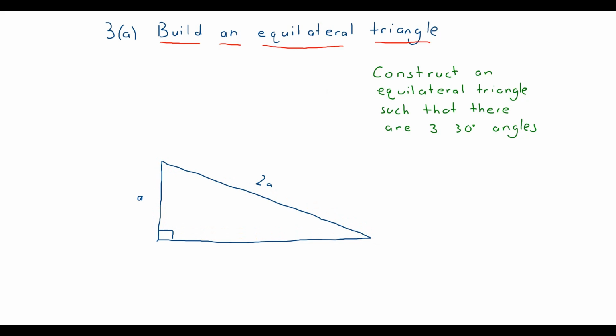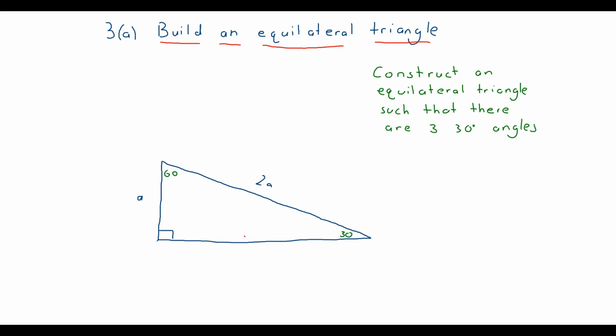So I'm going to go, okay, this side here, before I do that, let's look at the question. I want you to construct an equilateral triangle such that there are going to be 3 30-degree angles in our diagram. Now the first thing you should probably notice here is that you saw this earlier on in the lesson. If this is A, this is 2A, you know that this is going to be 60 and this is going to be 30.